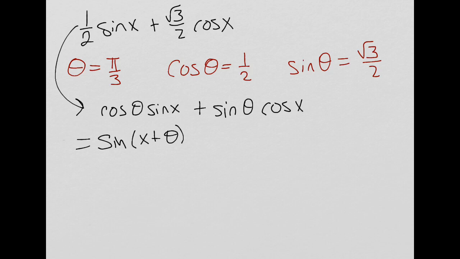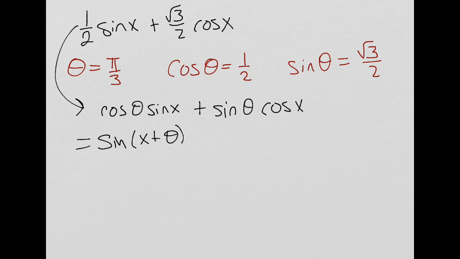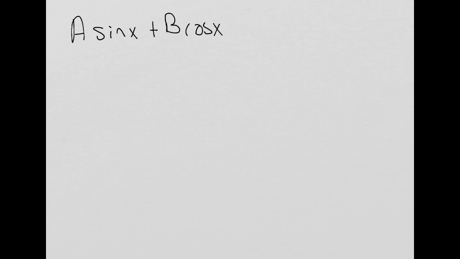Now, if the coefficients are not really nice numbers where you know what angles to use, that's okay. Your book goes through the derivation of this too, but you can work it out with the Pythagorean theorem that if you've got a sine x plus b cosine x, and really, the one we started with in the last example was of that form, we're going to introduce a couple of things. K is the square root of a squared plus b squared.